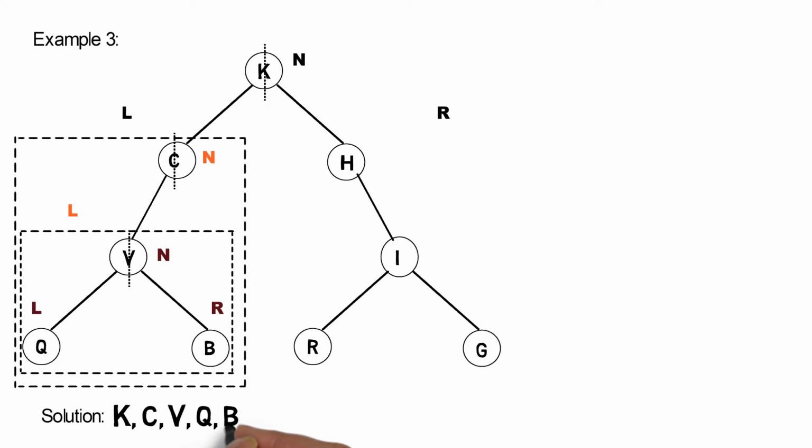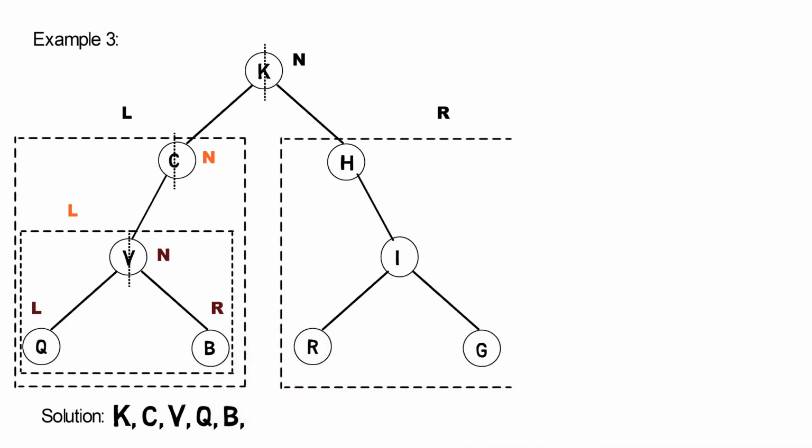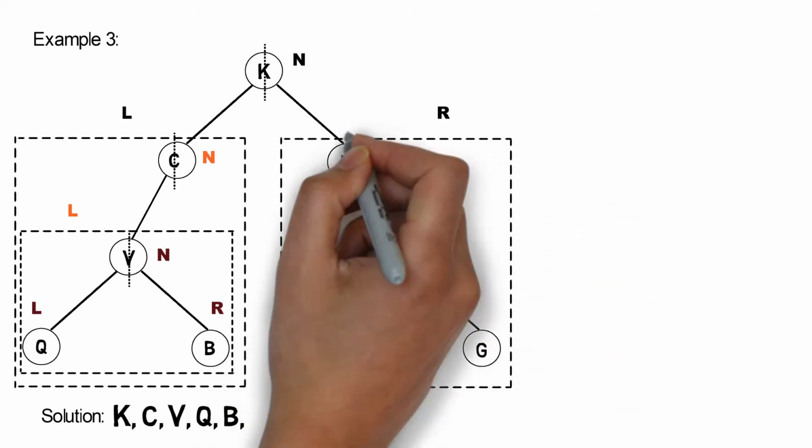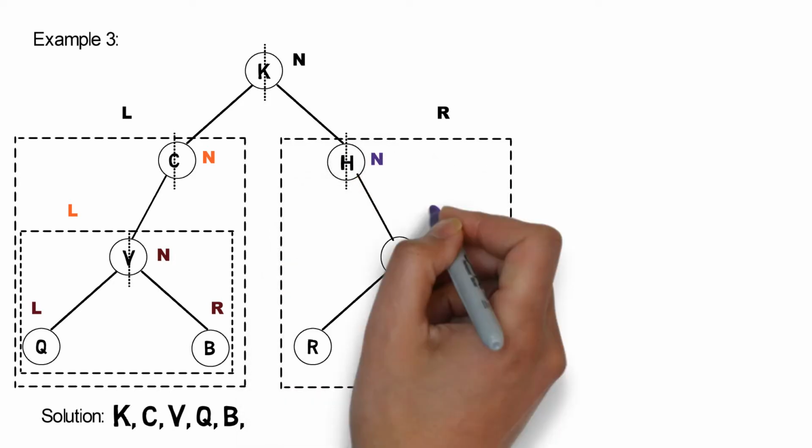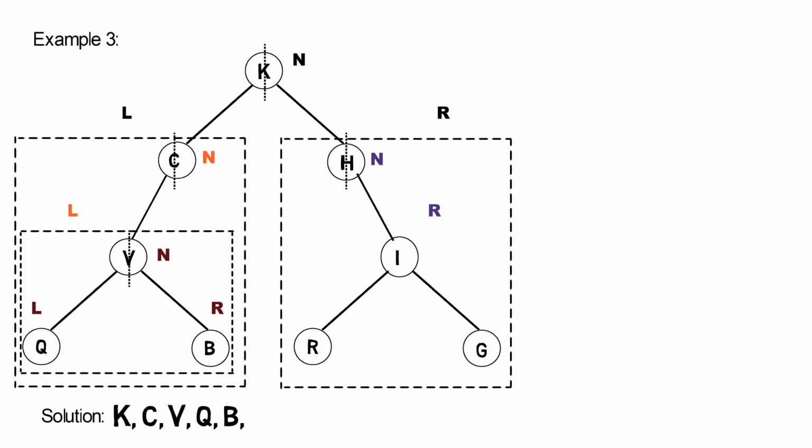We can now move to the right side of K, our right subtree. Considering this tree, H becomes our root node. Then we specify the right subtree. In here also note, there is no left side of H. Hence, there is no left subtree. So we pen down H, the root node.